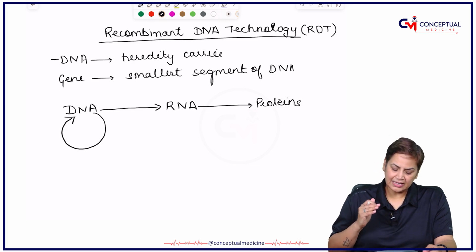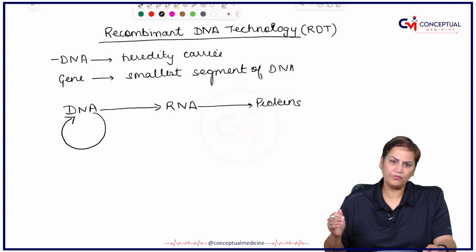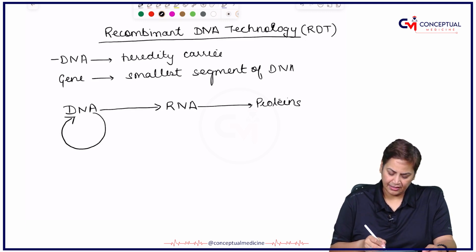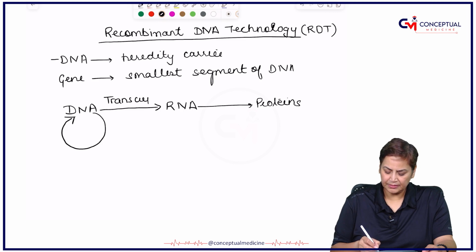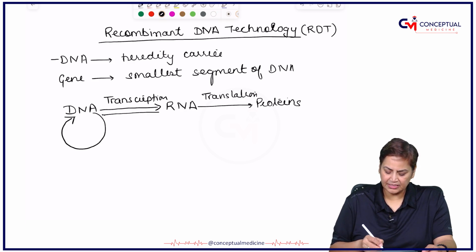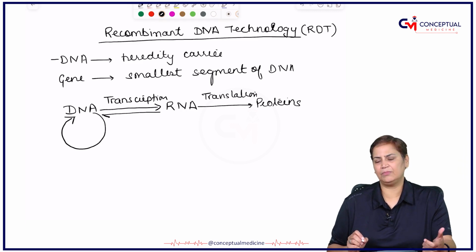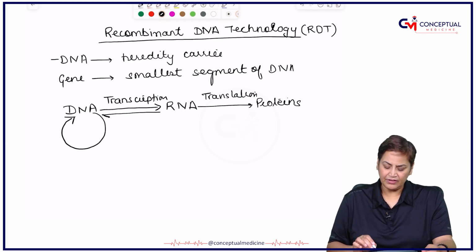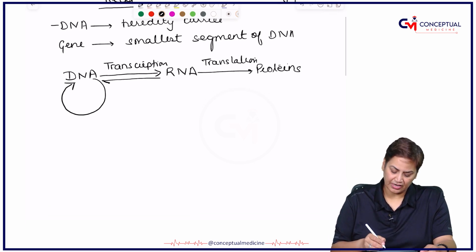So this is a unidirectional flow of information. This process we call transcription. This process we call translation. And after the discovery of the AIDS virus, meaning retroviruses, where RNA forms DNA, that is reverse transcription, because it is the opposite of transcription.